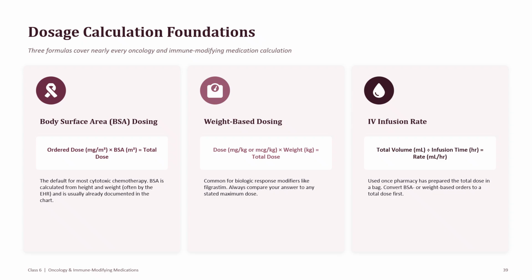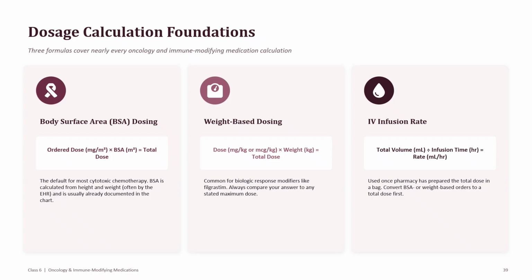Two patients can weigh the same, but have meaningfully different BSAs depending on their height. And for medications with a narrow safety margin like chemo, that difference actually does matter.